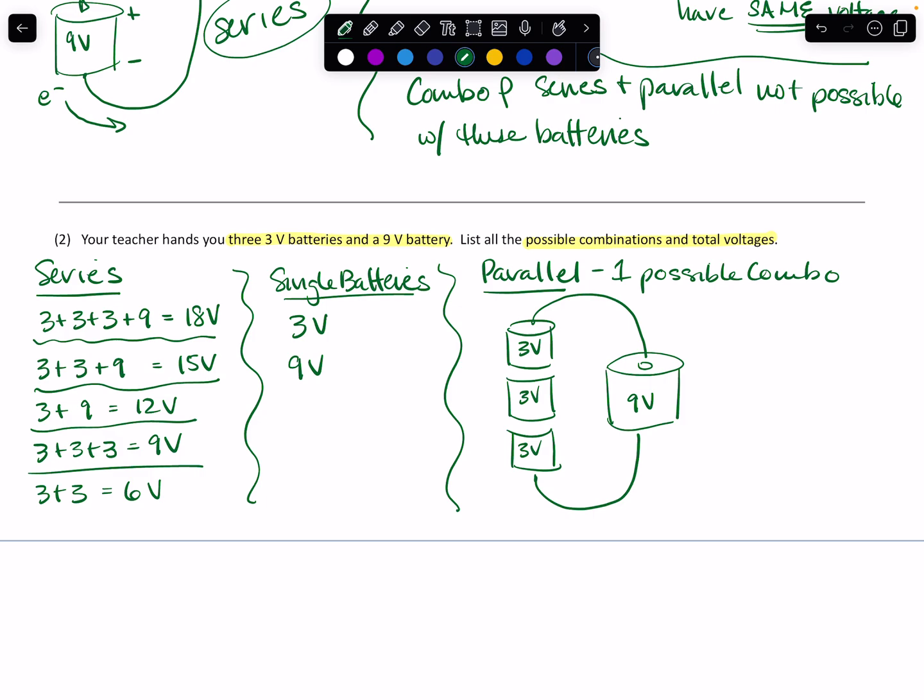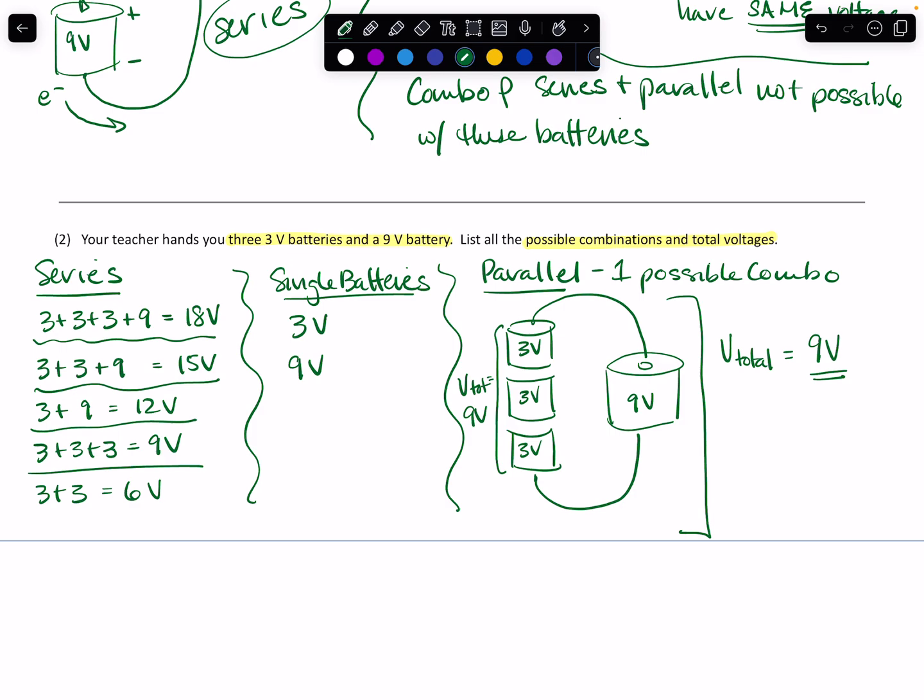Over here, I have a voltage total of 9 volts, and then I put that 9 volts parallel with my 9-volt battery, so the V total for the parallel portion is 9 volts. So that's really the only way I can do that and put things in parallel.